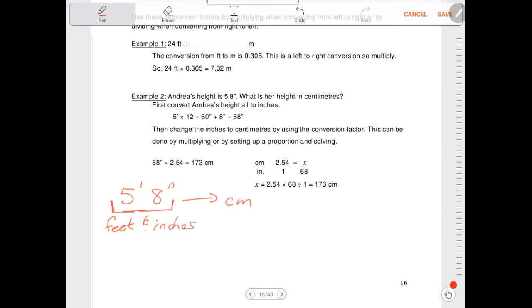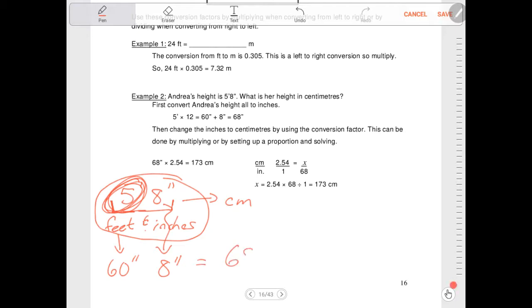A piece of advice would be, can you put this into one type of unit? Of course we can, because we know, and it's going to be on your data sheet, that every foot is 12 inches. So right away, 5 feet converted into inches is 60 inches. And we still had that 8 inches left over, so now this person is 68 inches tall.